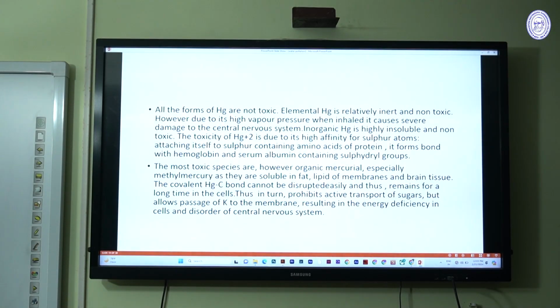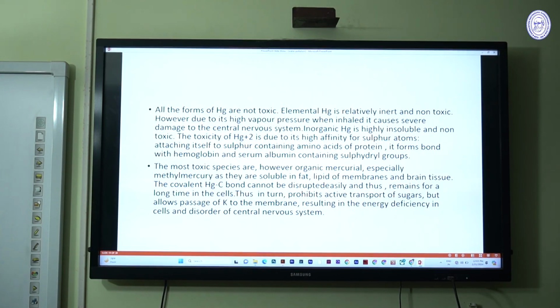Now, you have to know that all forms of mercury are not toxic. Elemental mercury is relatively inert and non-toxic. However, due to its high vapor pressure, when inhaled, it causes severe damage to the central nervous system.